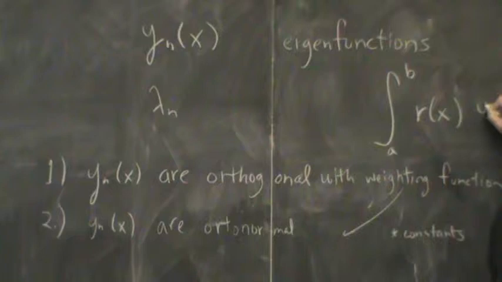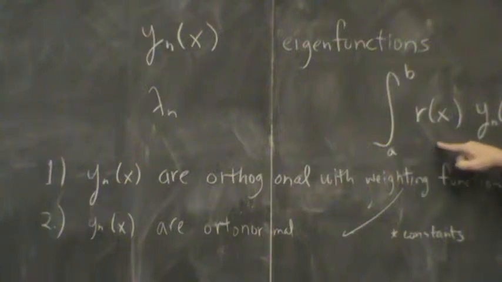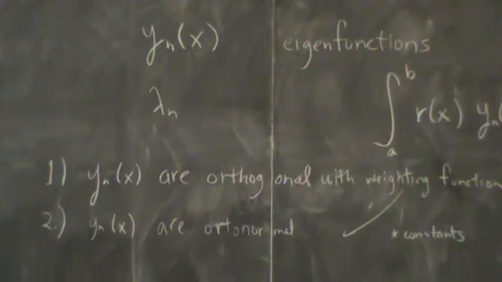Of y sub n of x, y sub m of x is equal to 0 for m not equal to n. And if I put the appropriate multiplicative constants in for r of x, then it's equal to 1 for m equal to n.